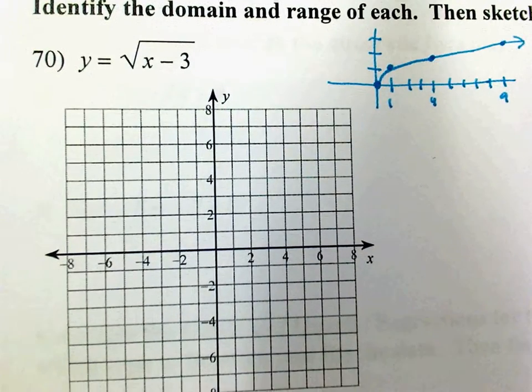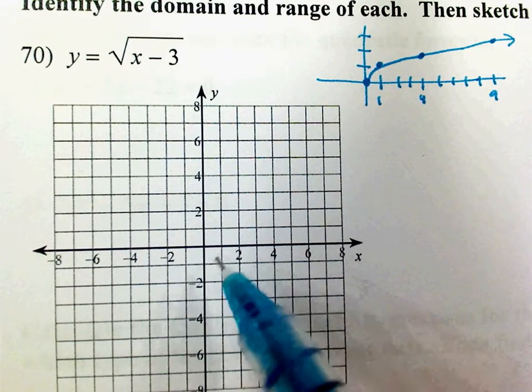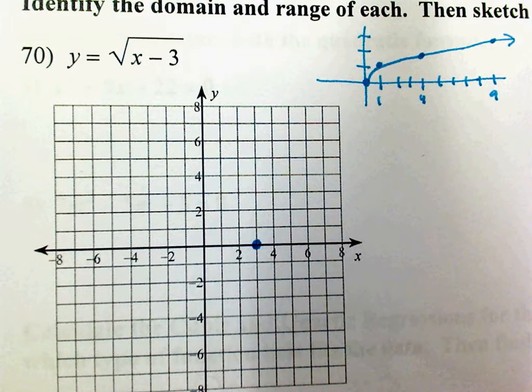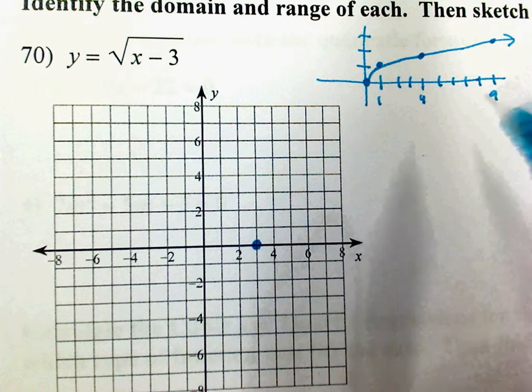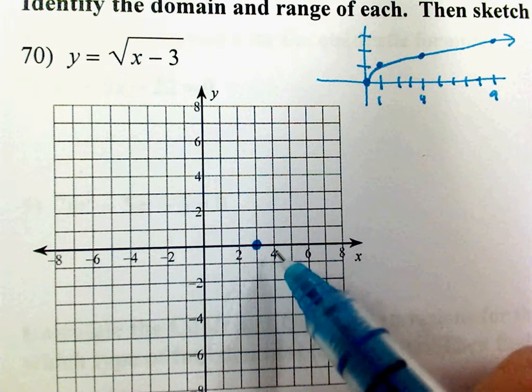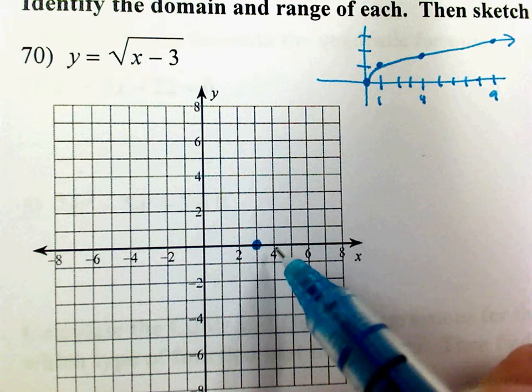Now, if you don't know exactly how to sketch this, then you type in your y equals, and then you go to the table, right? So it'll start at 3. It'll say at 3 at 0. So you might want to do that, guys.